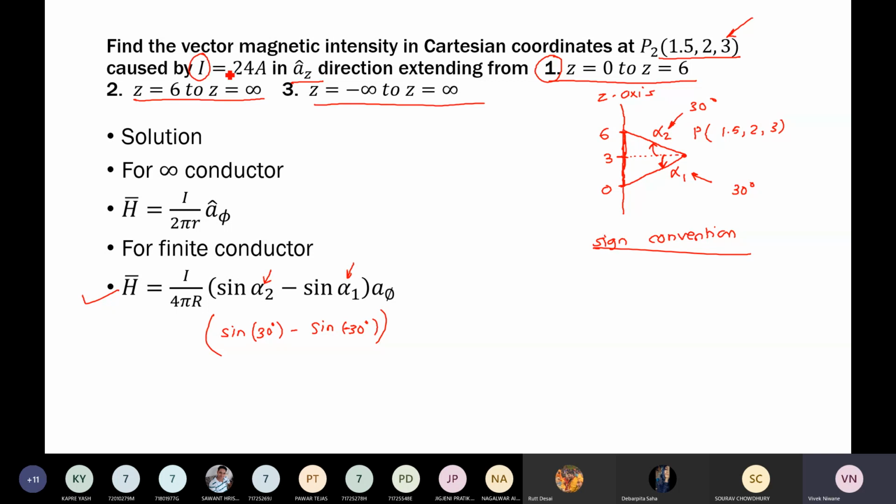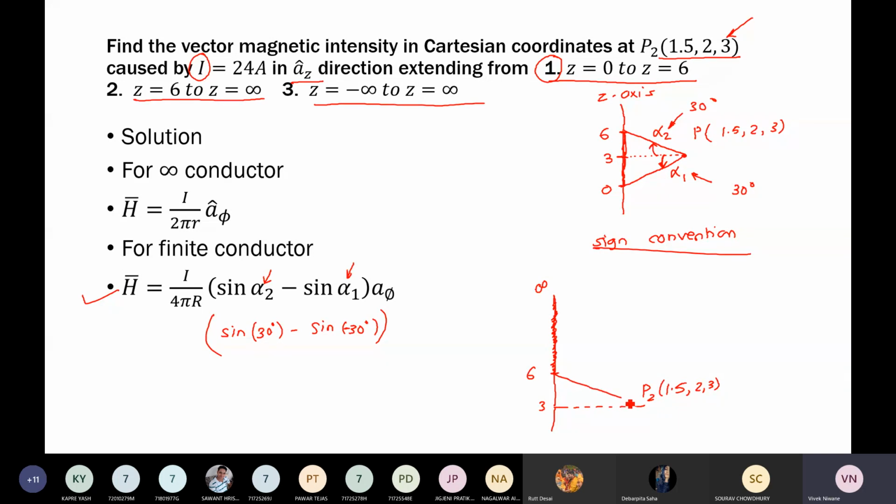Now if we go for the second case, here is your conductor and we have our same observation point somewhere here at z is equal to 3. So we have P2 at 1.5 to 3.